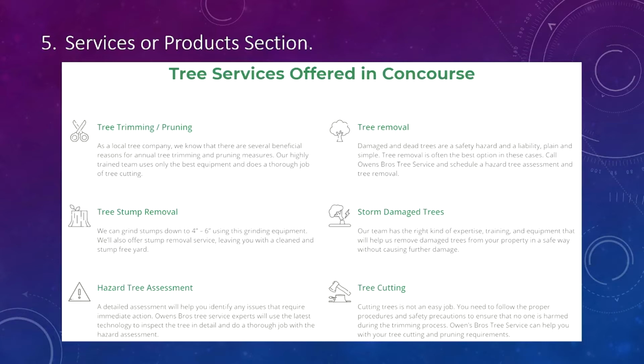Like this one, tree services offered in Concourse. That's a city that's near New York City. I guess it's small. I don't know what size it is. So they have their main services that they offer and a little description of what these services are. Again, very simple.